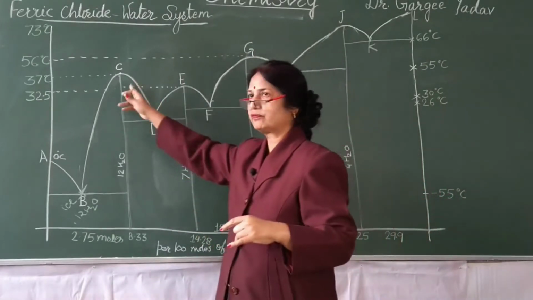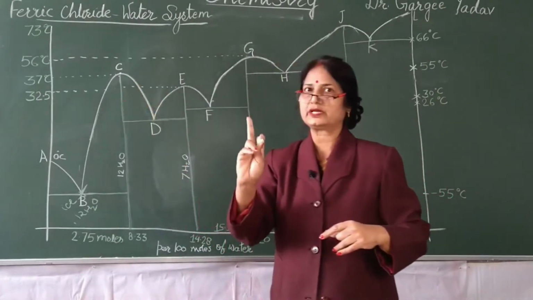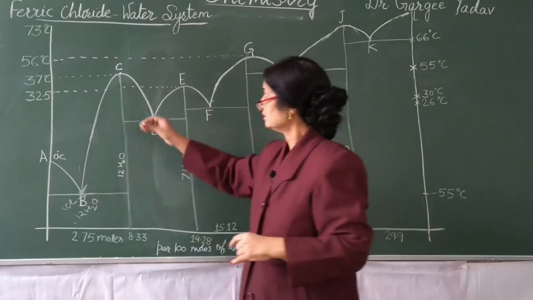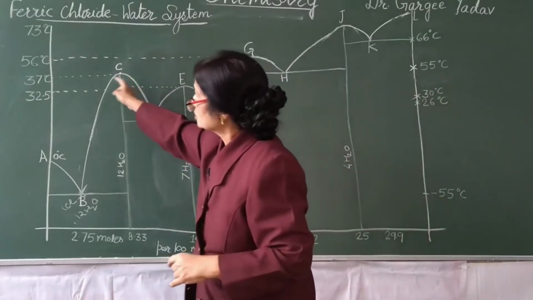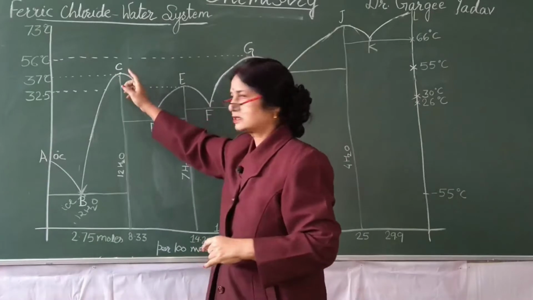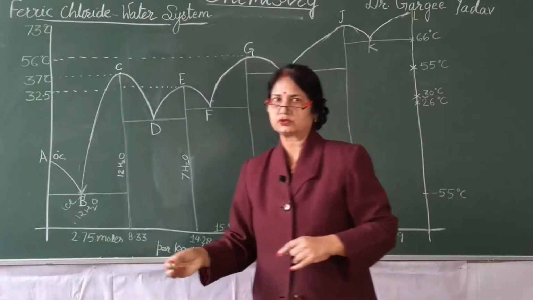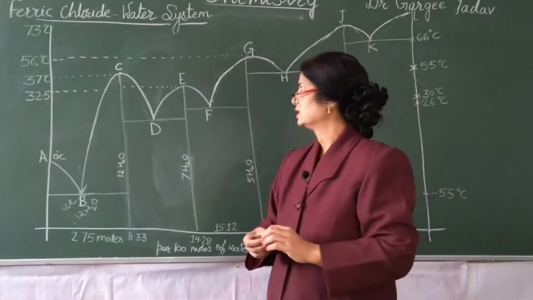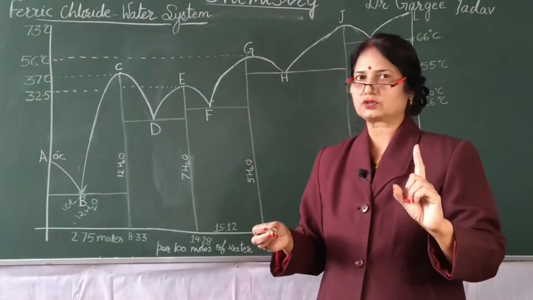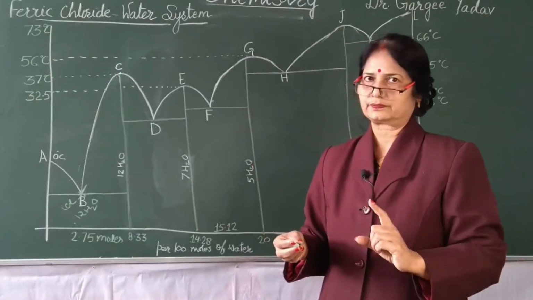So this is our first congruent melting point, and it corresponds to 37 degrees centigrade temperature and a composition of 8.33% moles of ferric chloride. This is our first congruent melting point.